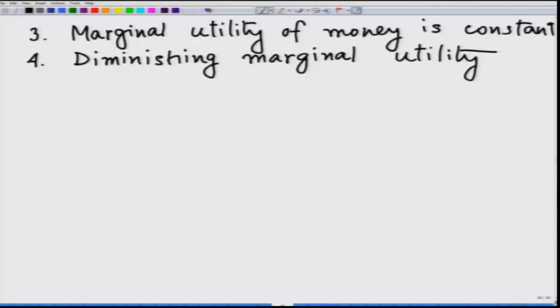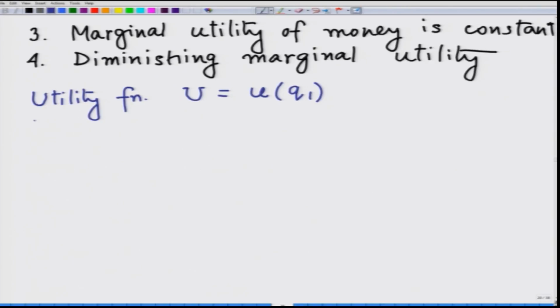So, now with this assumption set, let us try to model this mathematically. If I am in the Marshallian world, let me write down my utility function as u is a function of q1. Remember, we are discussing the derivation of the demand function for commodity 1. So, I am expressing utility as a function of the consumption of commodity 1.